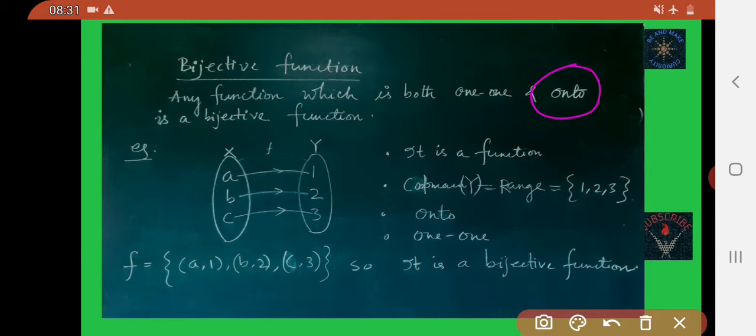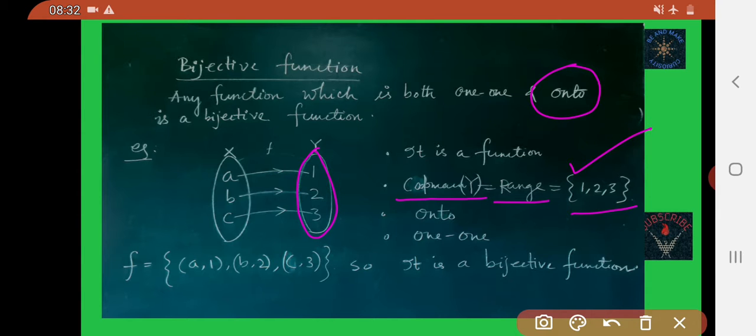See, here the codomain is set Y and the range is this set. It contains 1, 2, 3 and they are equal.